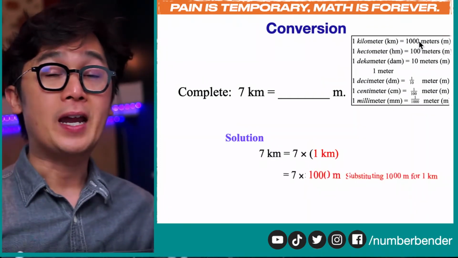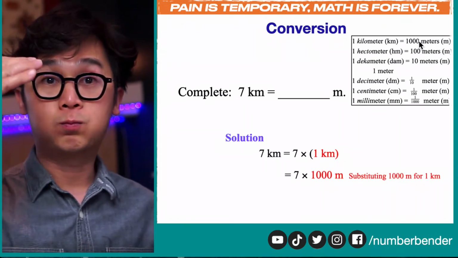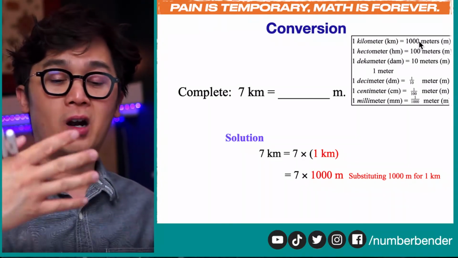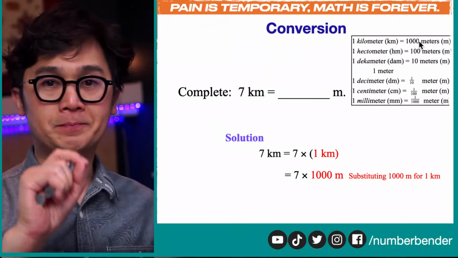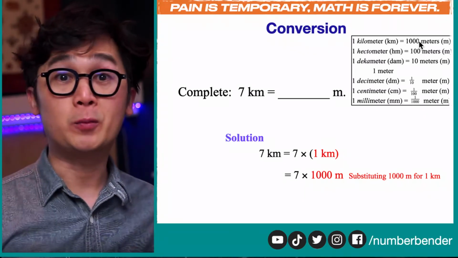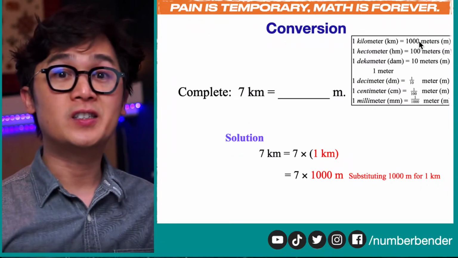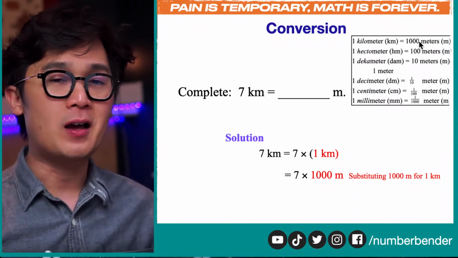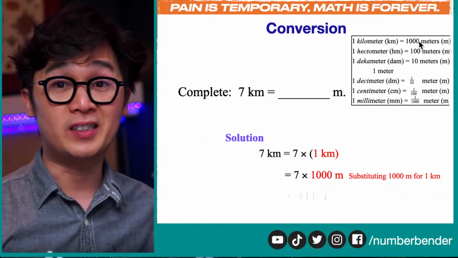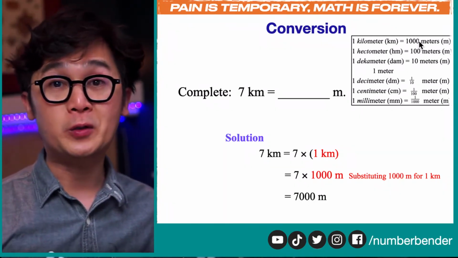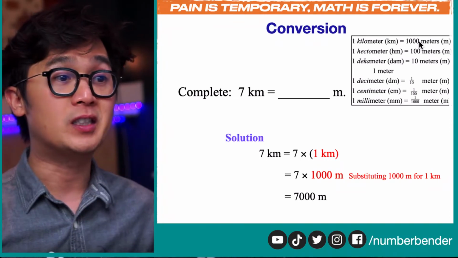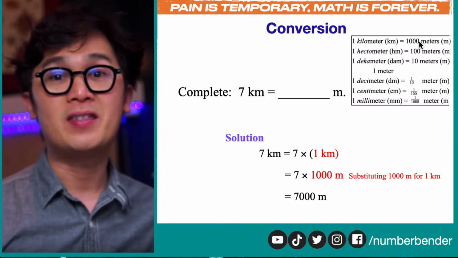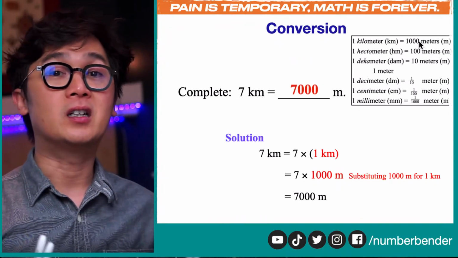And again, in mathematics, it's all about process and how we are working out the procedure that will help us understand some complex computation similar to what we just did. So here we're able to compute and convert 7 kilometers into meters, which is 7,000 meters in this particular example.